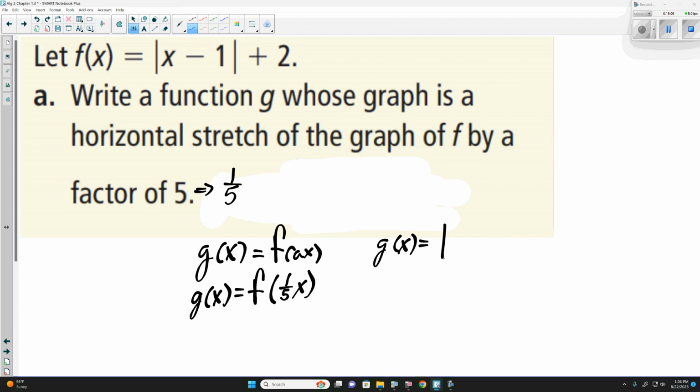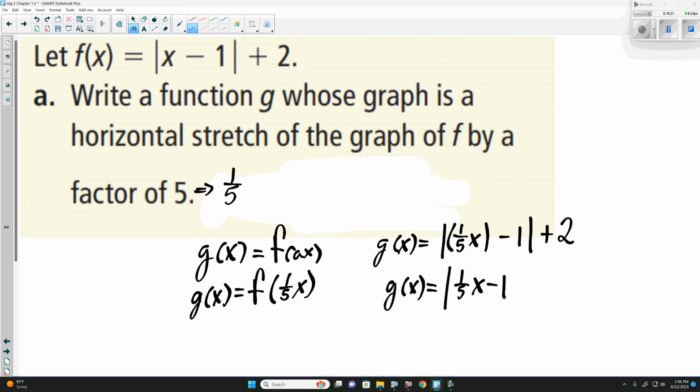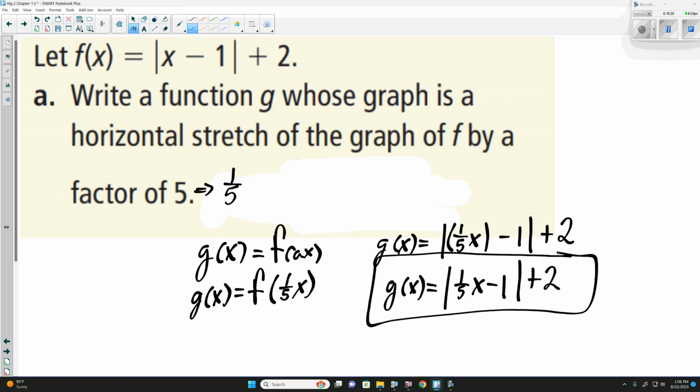So we'd still have absolute value, but instead of x, we have 1 over 5x. Any other questions over this here?